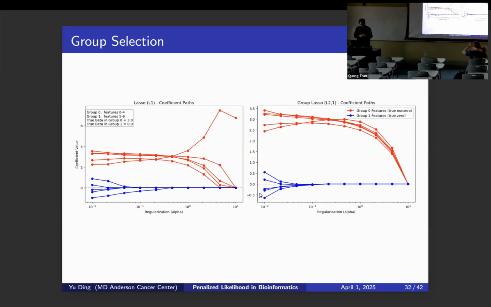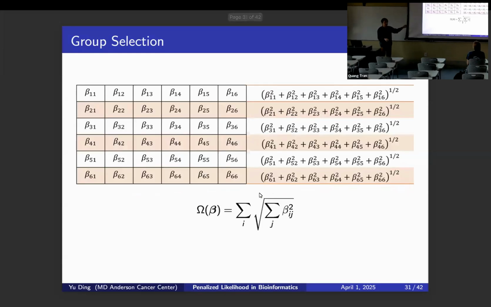For question 1, you can inherit the idea from the elastic net and also group selection. Question 1 is basically about bi-level selection. It will ask you to perform individual selection and group selection simultaneously.